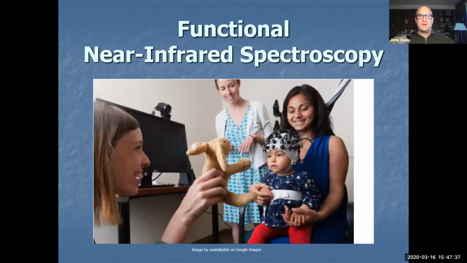It's called functional near-infrared spectroscopy. And I'm probably mispronouncing that, but you can see it there up on the screen. This one is going to use low levels of near-infrared light to monitor changes in blood oxygen. But the advantage here is that it allows the baby or child to be able to move and to explore and not just lie on their back in a machine.